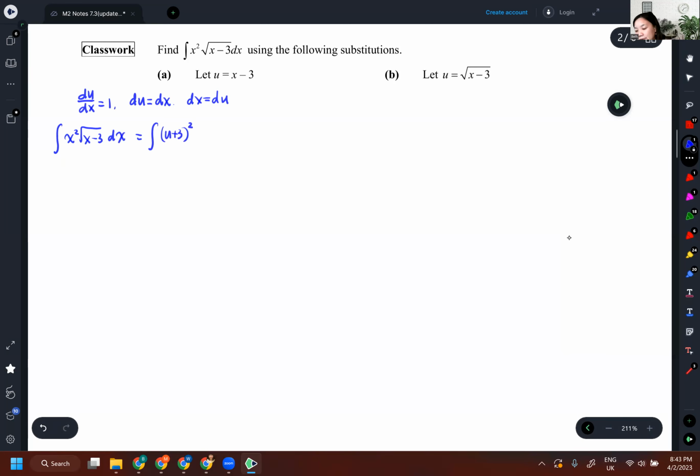And that is u squared plus 6u plus 9, times u to the 1 over 2. And that is u to the 5 over 2, plus 6u to the 3 over 2, plus 9u to the 1 over 2, du. Now you should put a bracket.